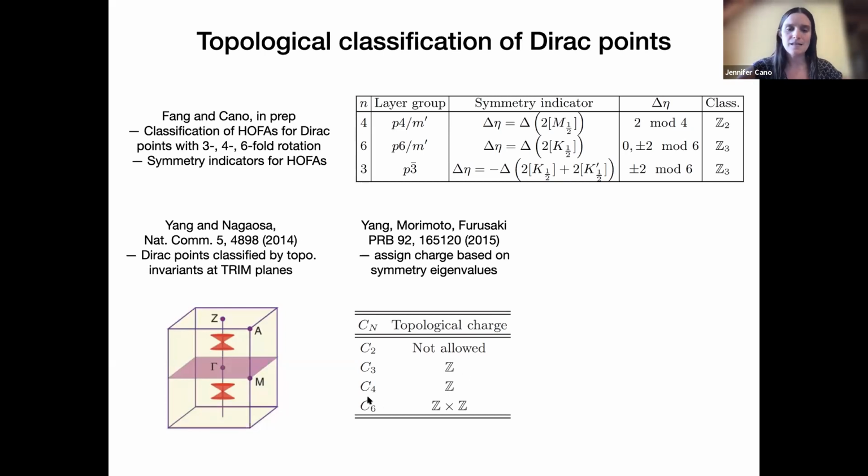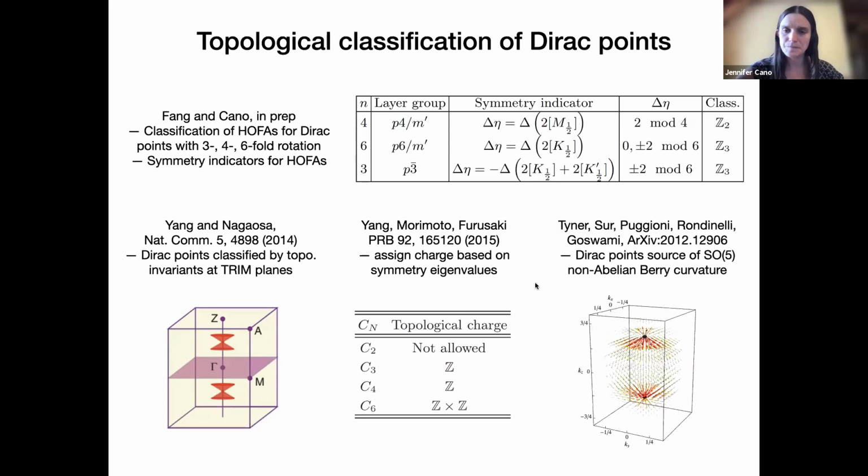And in the C6 case, they find that there's two different types of crossings. That's because there's three different flavors of eigenvalues corresponding to the six roots of -1. And so there you can say, if type A and type B cross, that gives me one Z index. If B and C cross, that's another Z index. So they get Z cross Z. So this is another topological classification of Dirac points, similar and different to our work.